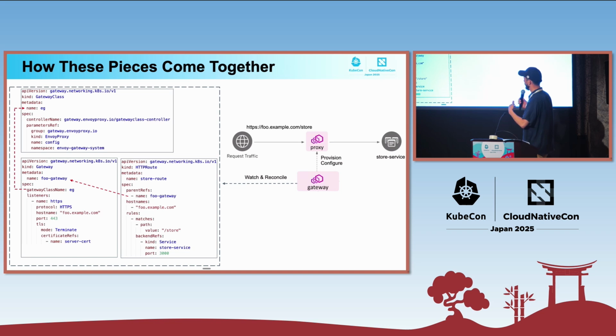So this is how these pieces come together with Envoy Gateway. We got a GatewayClass, Gateway, and API route, each doing its own part. And Envoy Gateway watches the resources and configures the Envoy Proxy for you. So when the request comes in, it gets routed to the right backend without even touching the low-level configuration again.